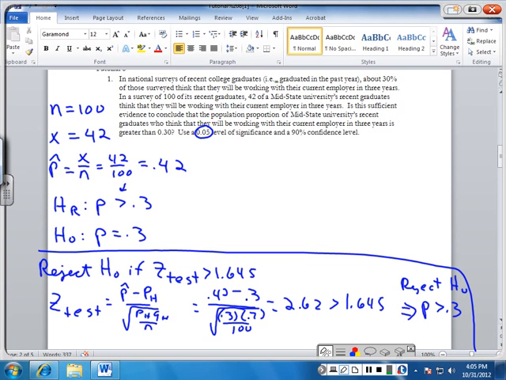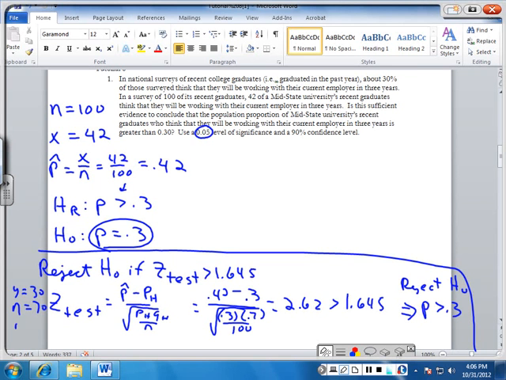The p-value approach. Let me go back and say, for this part, was n large enough? With p of 0.3 and a sample size of 100, the number of yeses was equal to 30, or hypothesized to be 30. The number of no's then would have been hypothesized to be 70.